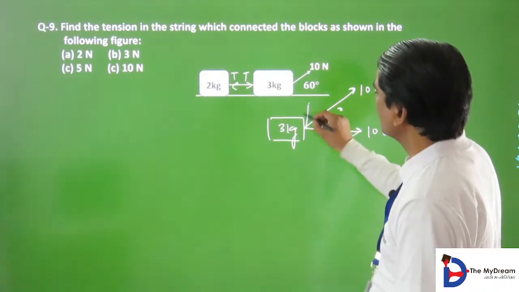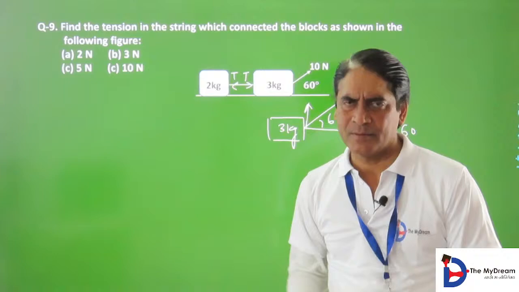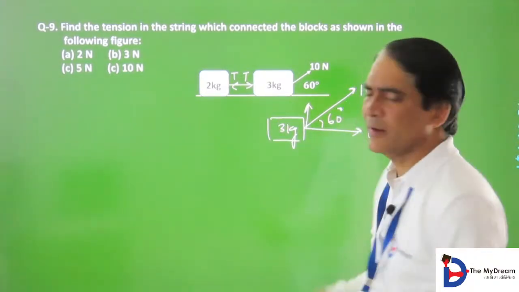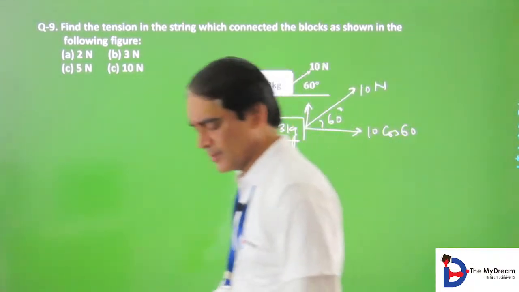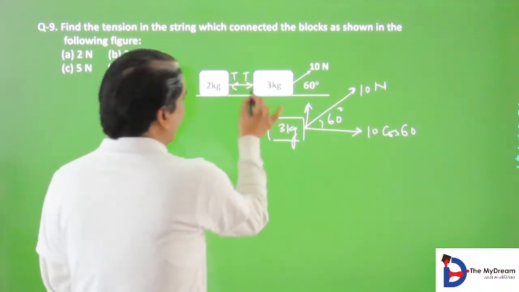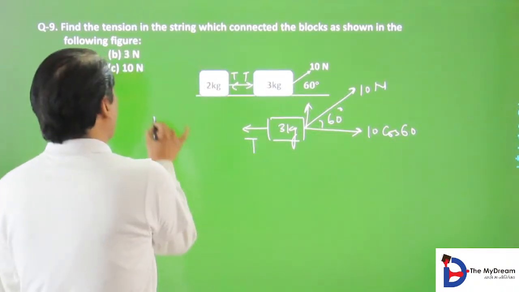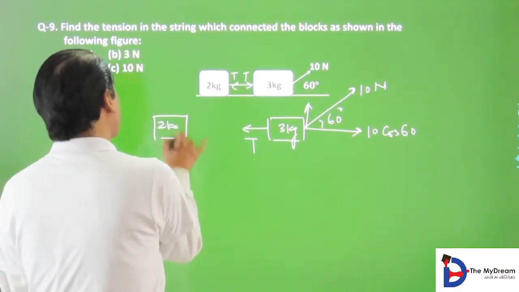There is no need for this component because the object is not moving on the y-axis; it is moving on the x-axis, or the horizontal. Again, this tension is exerted. Another block is of 2 kg.